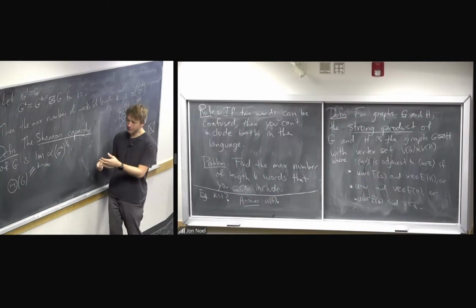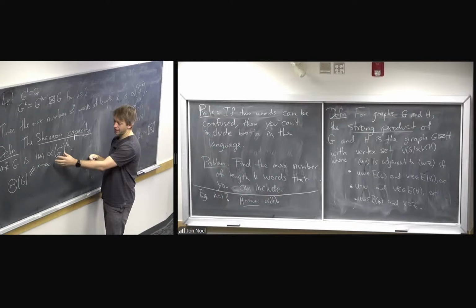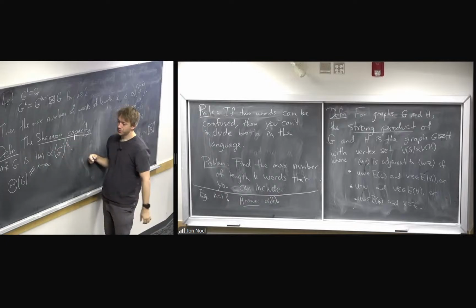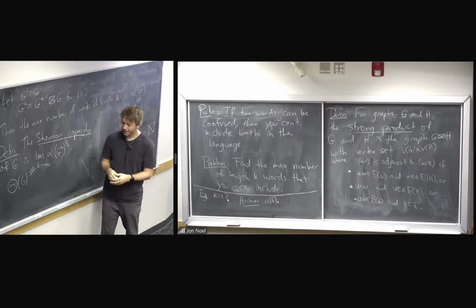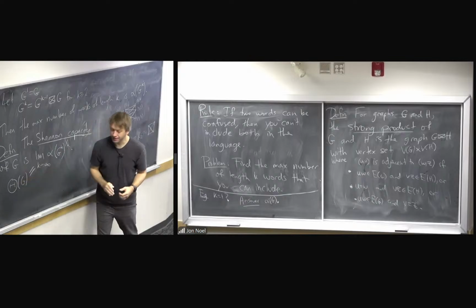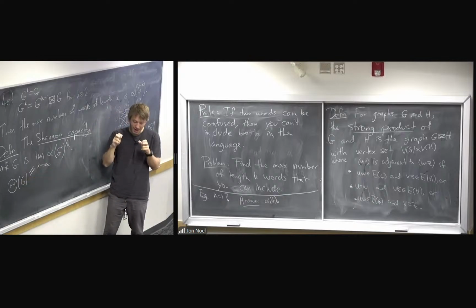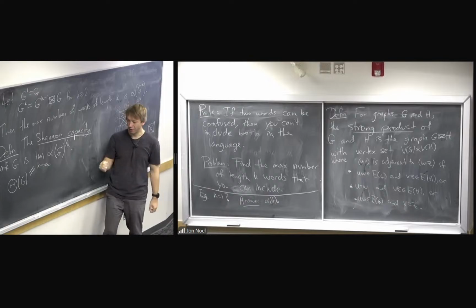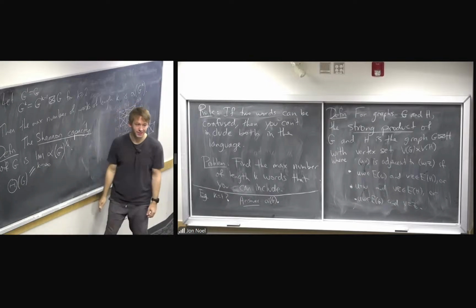So when you have no edges in the graph, this is just giving you n, the number of letters. So you can think of this, asymptotically, as this Shannon capacity telling you effectively how many letters your alphabet really has. Although this is not going to be an integer typically.